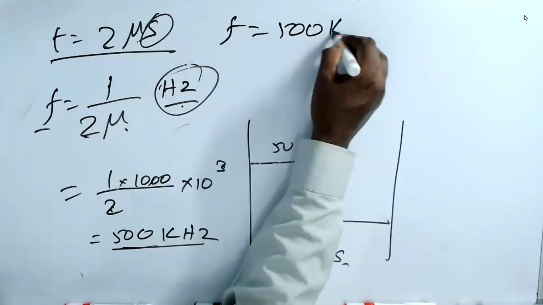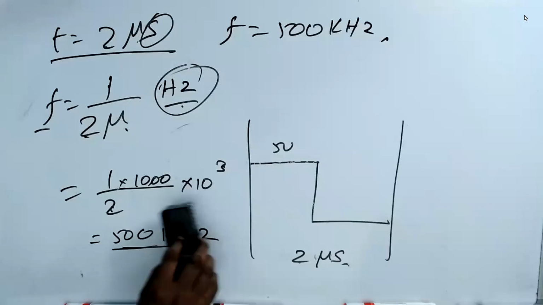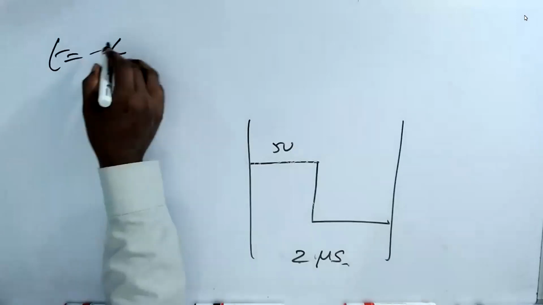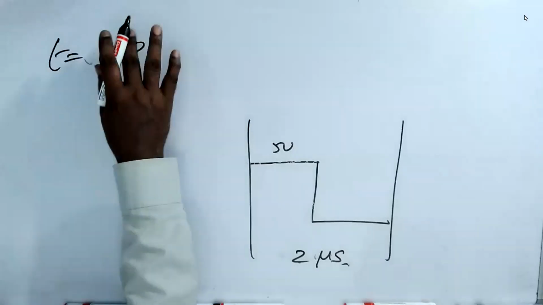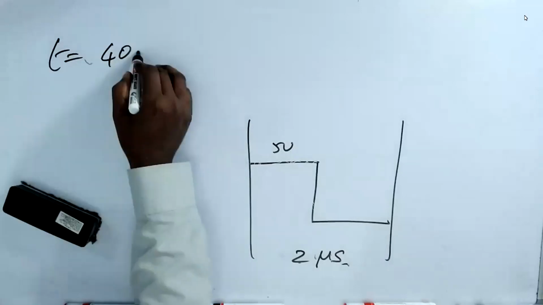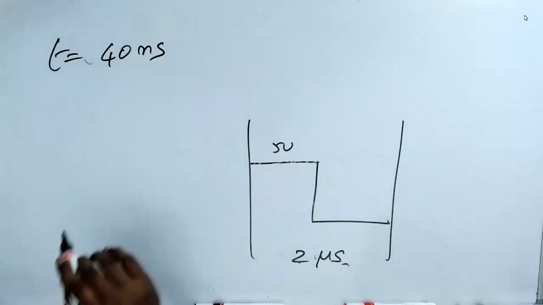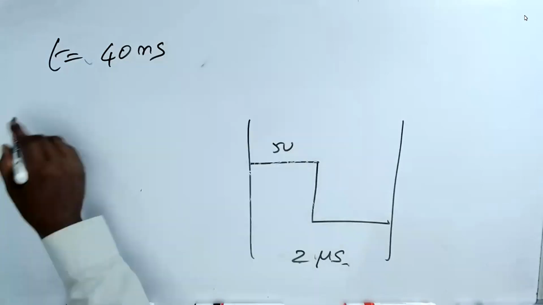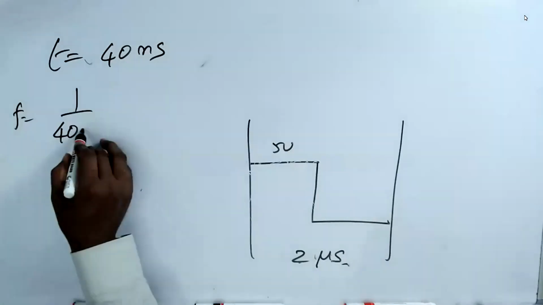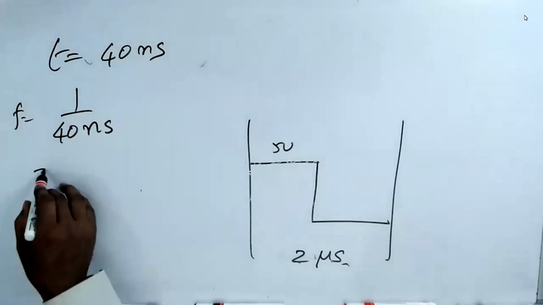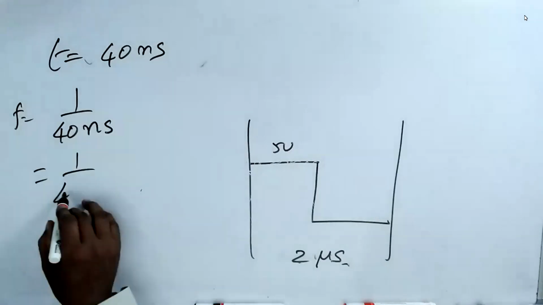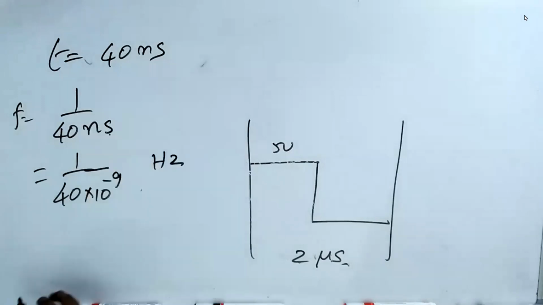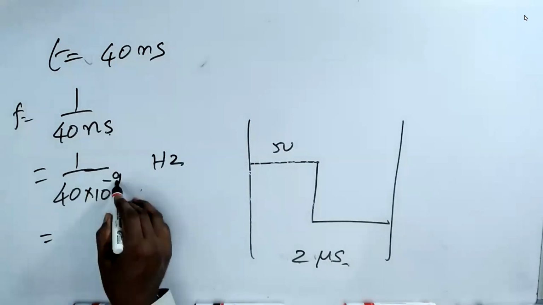If I say T is equal to 40 nanosecond, then F is equal to 1 by 40 nanosecond, which is 1 by 40 into 10 power minus 9, and second becomes hertz. The 10 power minus 9 becomes 10 power 9 when it goes up, divided by 40.